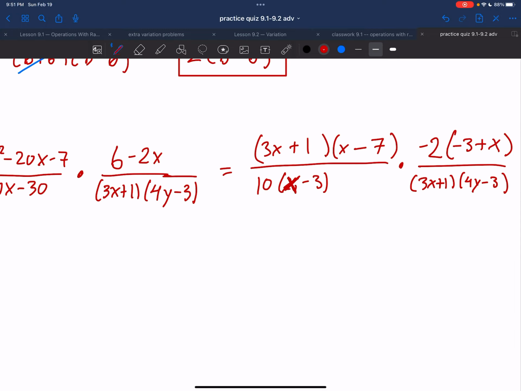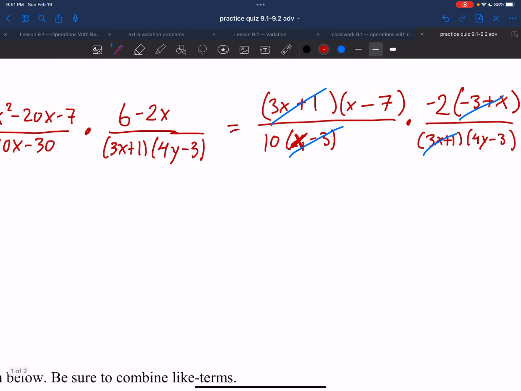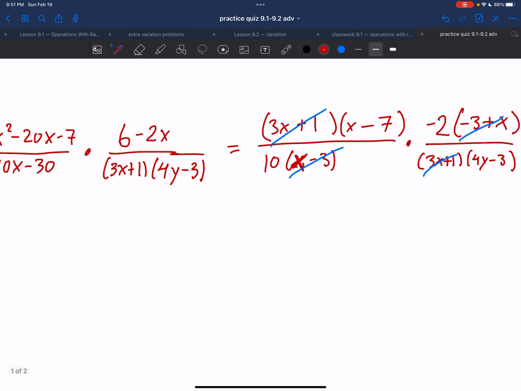And since I've written this as a multiplication, just notice that x minus 3 and negative 3 plus x, those are the same terms, those cancel. And 3x plus 1 and 3x plus 1 cancel. So, that's it. Ooh, except 10 is actually 5 times 2. So those 2's cancel. Not the negative, however.